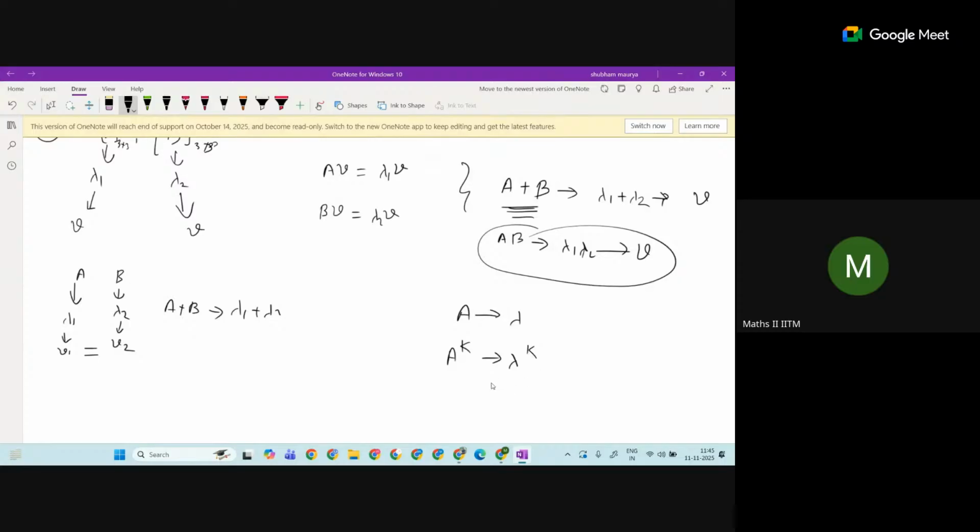This is just an extension of this, because if you multiply A with the same A, then the eigenvalue is lambda times lambda, so lambda square is going. So if you have matrix A with eigenvalue lambda, then A power k has lambda to the power k. This is just an extension of the second one.